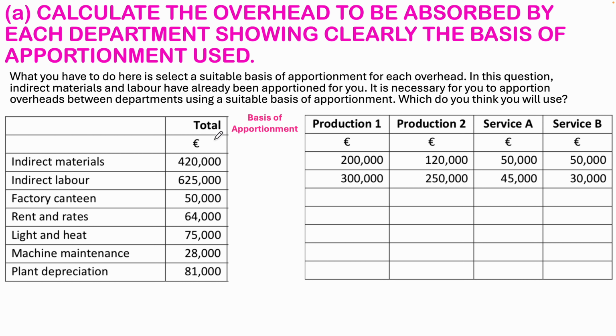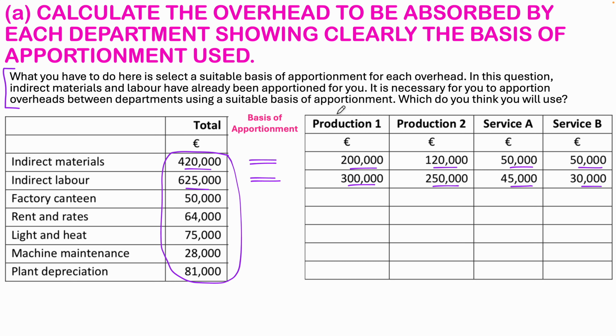You see the first 2 have been done for us, right? 420 has been split up, 200 into Production 1, 120 into Production 2, 50 into Service A and 50 into Service B, and that is equal to 420. The indirect labour 625 has been split up: 300, 250, 45 and 30.